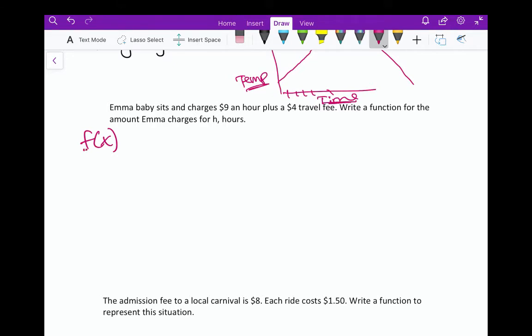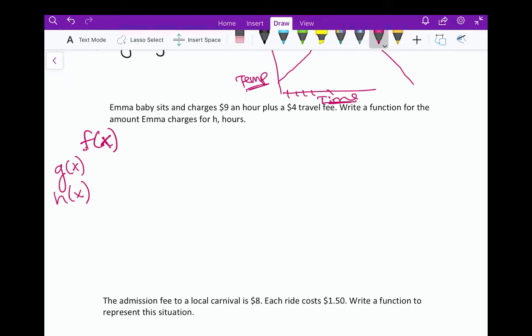F represents function of x. We also may have a function called g of x or h of x. Those are the three letters that are most often used. Again, that represents the output. This x is the input. That's the domain. So I'm saying I have a function of this input x.